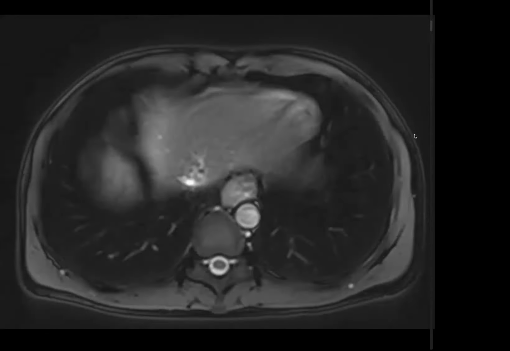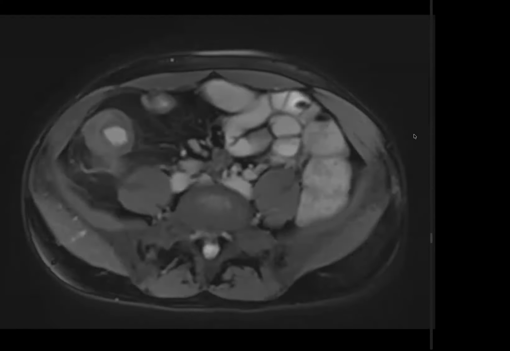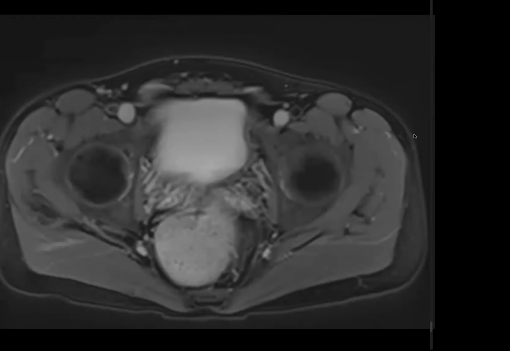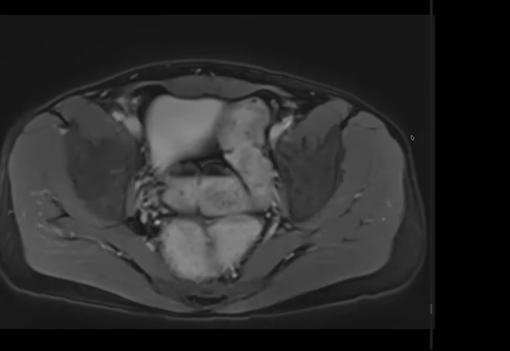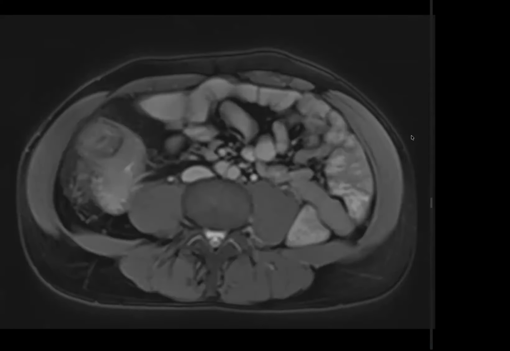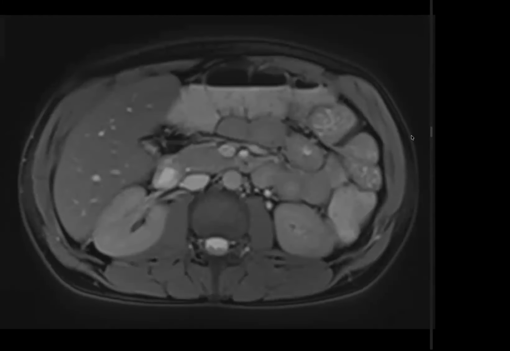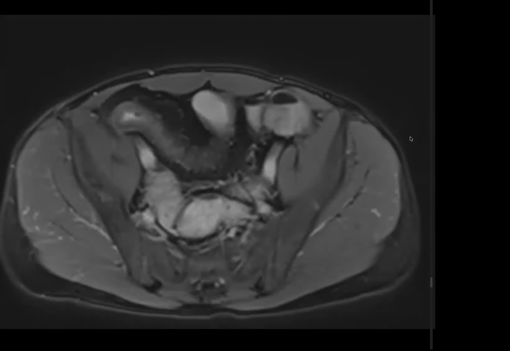Sir, I have been presented with T2 fat-set axial images. Let me scroll through the images before making a comment. I can see a long segment thickening involving the ileal loops as well as the cecum and portion of the ascending colon.